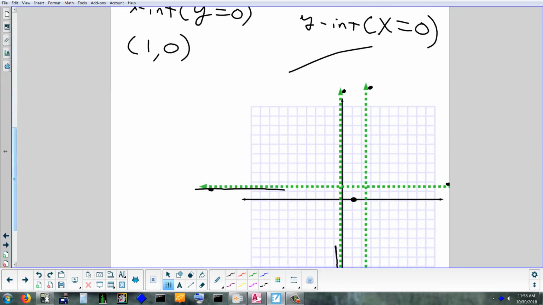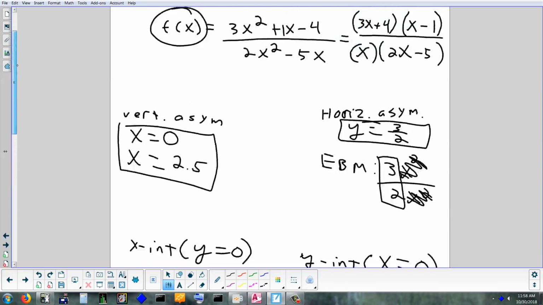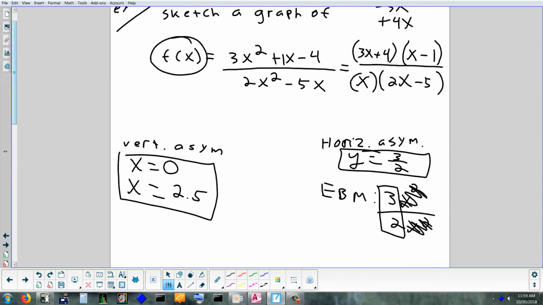So that's your x-axis. And what about the other factor? What would you plug in for x there? Just think of it like this. Yeah, -1 and 1/3.